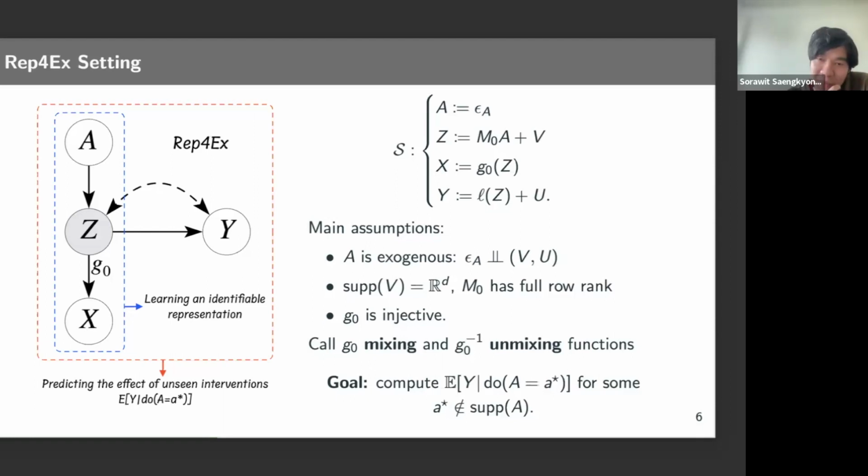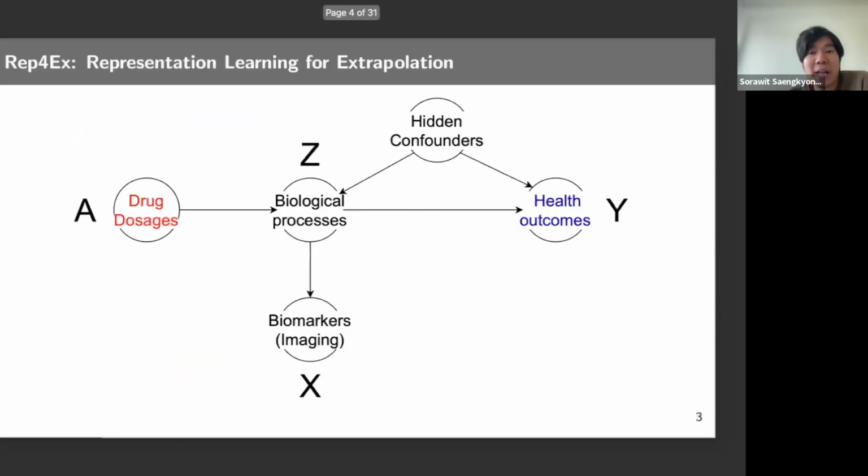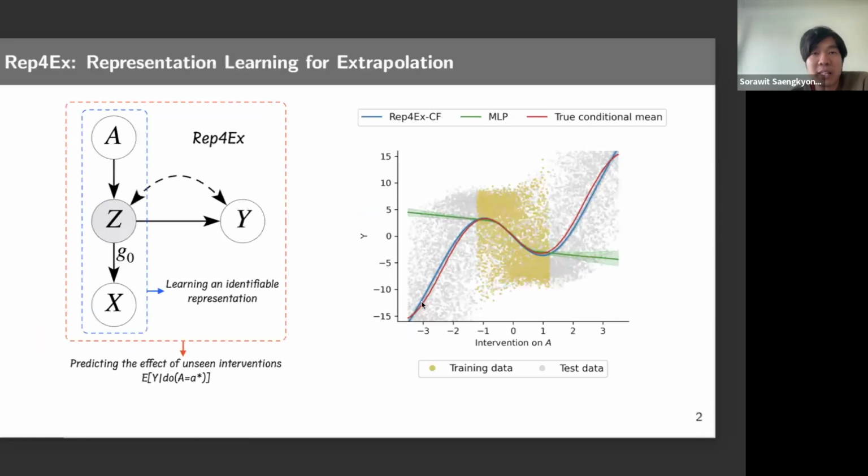Honestly, I don't have a strong intuition on how, but in practice that would be very nice, because we wouldn't hope to extrapolate completely beyond the support, and giving a bound would be sufficient, I guess.